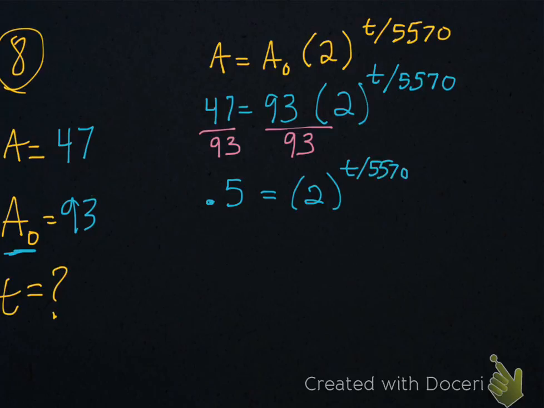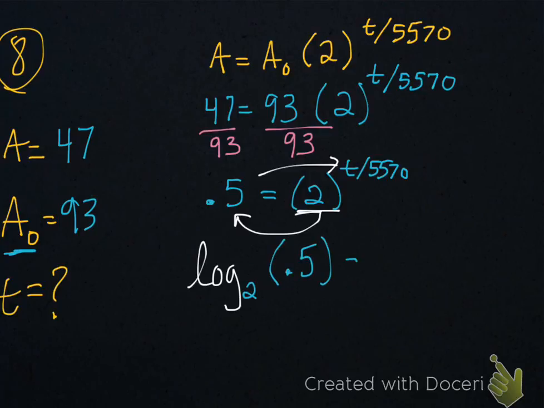Alright, so remember, because we're solving for the exponent, we've got to turn it into a log. My log has a base of 2. Go across the equal sign, get my 0.5, and that's equal to my exponent, t over 5570.